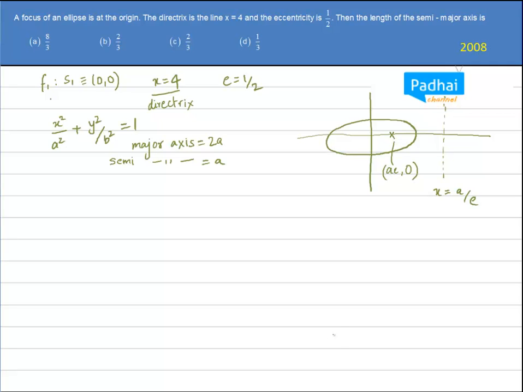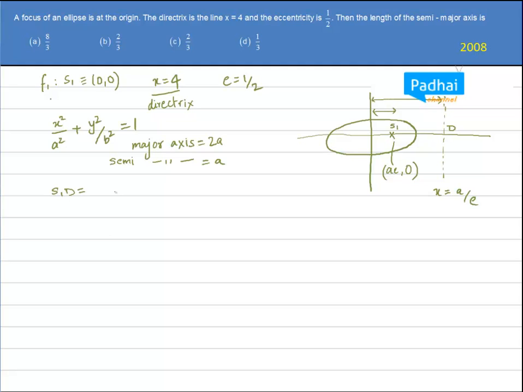Now if you measure the distance between the directrix and the focus, you just need to subtract the abscissa of these two points, and let's suppose the directrix foot is D. So I need to find the distance S1D.